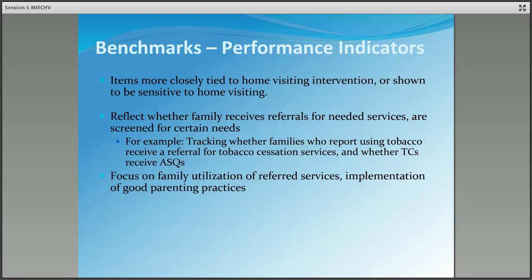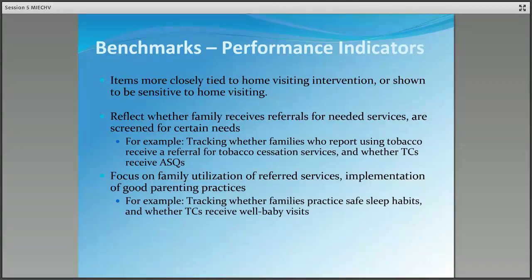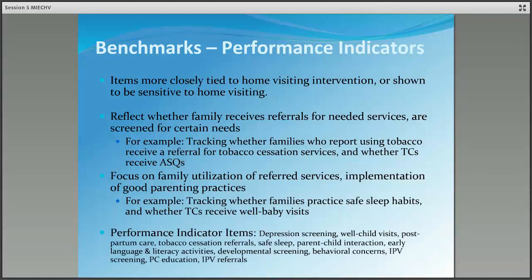Some items focus on whether families utilize referred services or implement good practices. So for example, we track safe sleep habits and whether TCs receive well baby visits. Home visiting may help families develop healthy habits and be more likely to meet these goals, but of course, individual families may choose to do otherwise, even with the support of a home visitor. You can see the list of items that are performance indicators here.